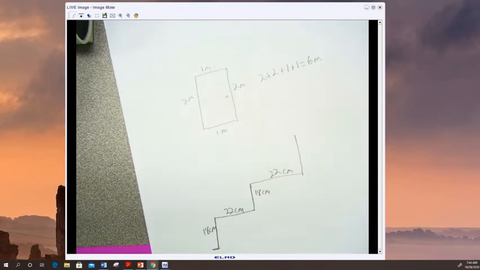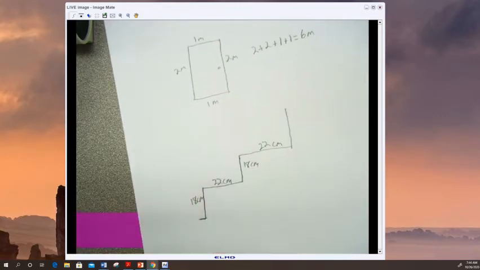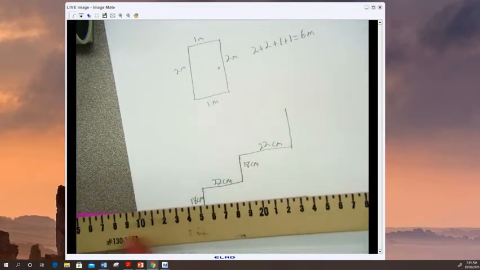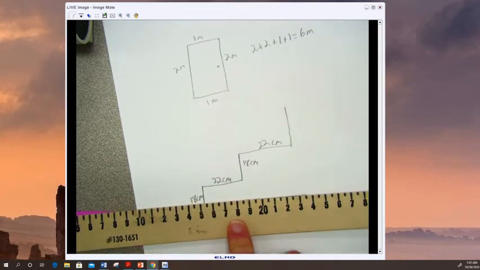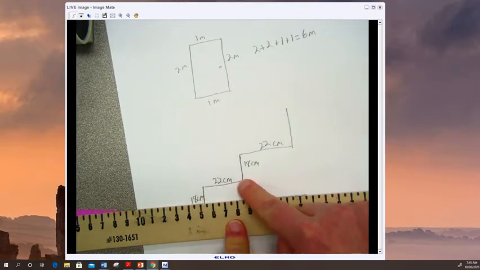So let me use my meter stick to help me figure this out. I know that to start on the ground, I need 18 centimeters to get up to the front. So on my meter stick, I am going to start here: 10, 11, 12, 13, 14, 15, 16, 17, 18. All right. And now to get from the top of the step to the bottom of the next step, I need 22.